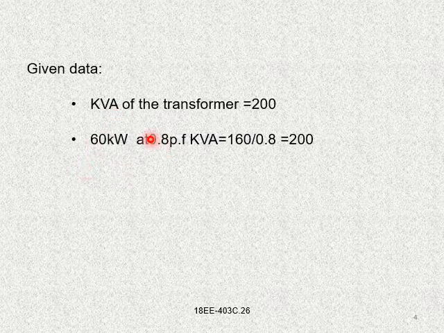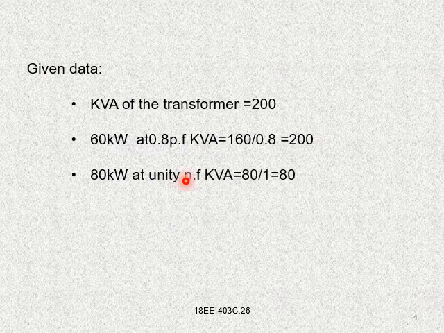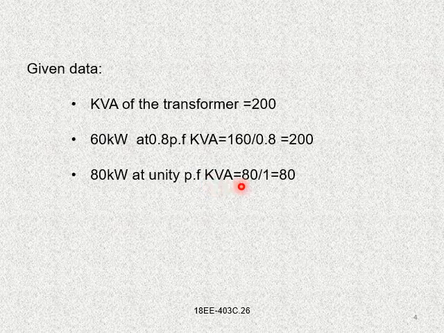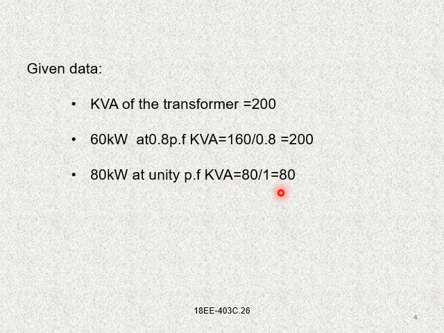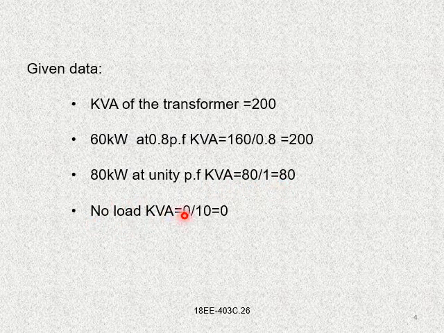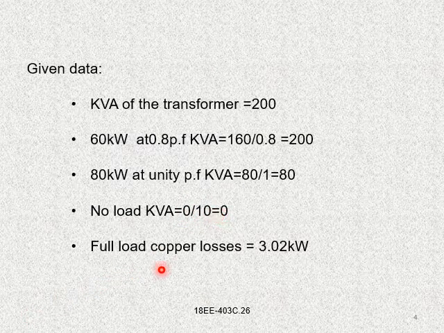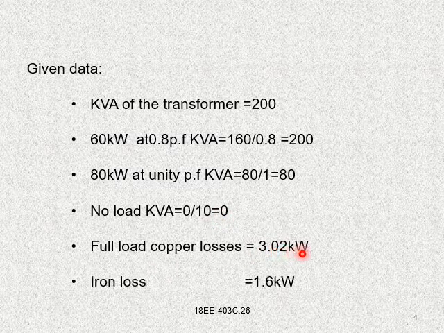The 160 kW at 0.8 power factor, and the kVA is 160 by 0.8, that gives us 200, and 80 kilowatts at unity power factor, and the kVA for that is 80 by 1, that gives us 80, and the no load kVA is equal to 0 by 10, that is equal to 0. The full load copper losses is 3.02 kilowatts and the iron losses is 1.6 kilowatts. Please make a note of this.